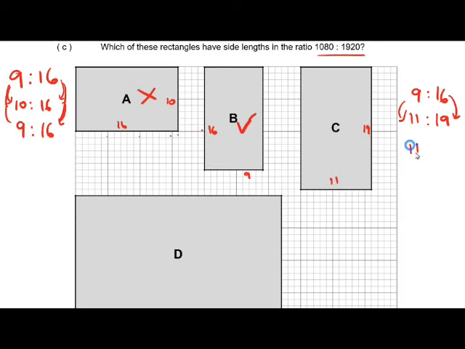So divide 11 by 9 and it will give us our scale here. And it's 1.2 recurring. Do the same over here. Divide 19 by 16 to get the scale here that we're multiplying by, and we get 1.18. So these scales are different. So C cannot be in the ratio of 1080 to 1920.